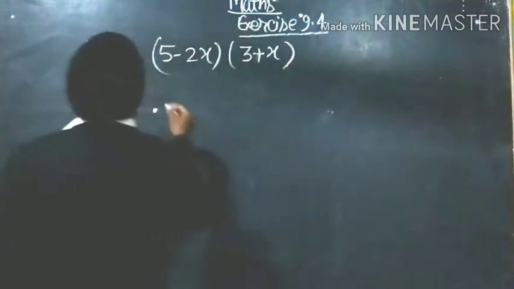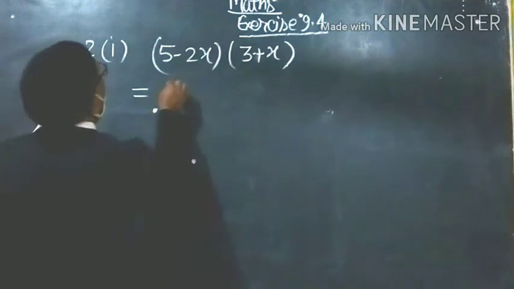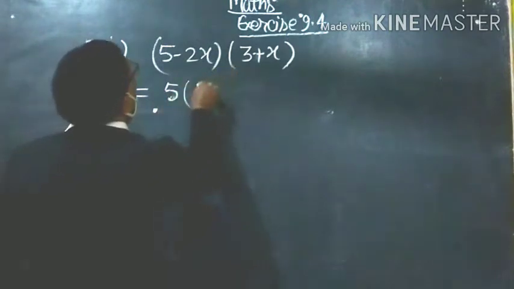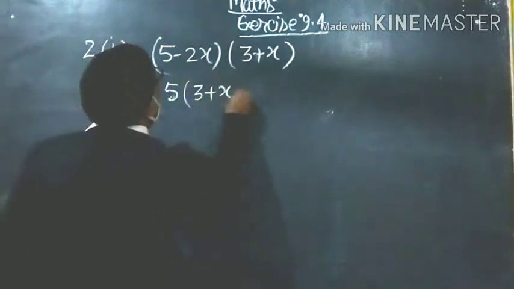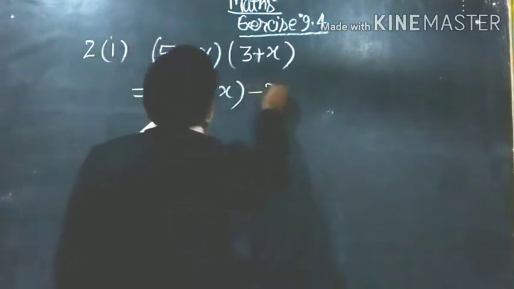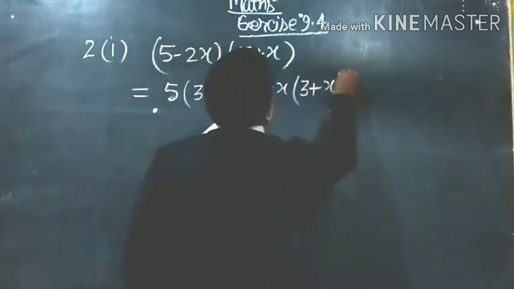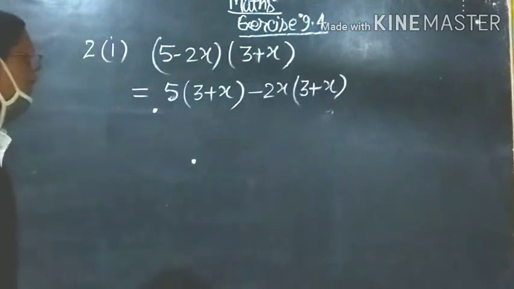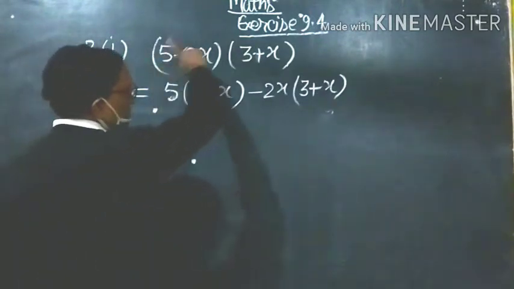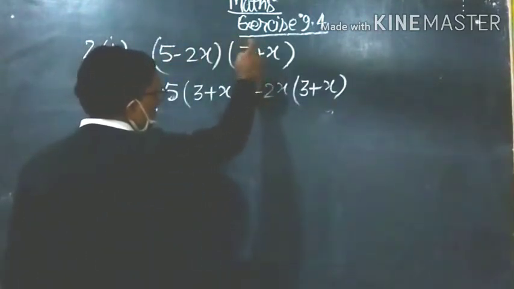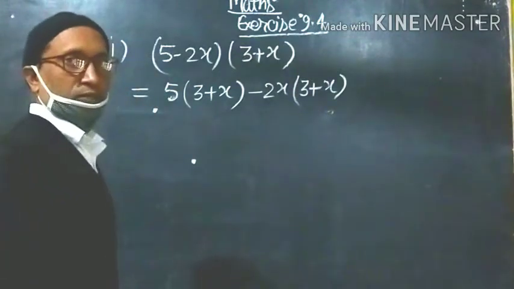First of all, you multiply 5 to 3 plus x, then you multiply minus 2x to 3 plus x. Means each term is multiplied to each term of second expression.